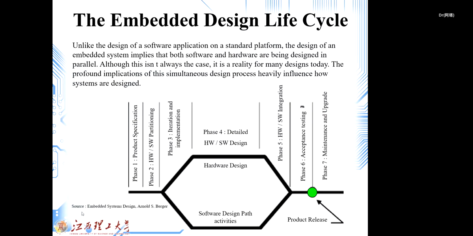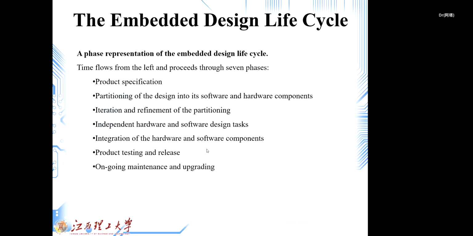Okay, I found this in the book by Arnold Berger about embedded system design, and this will give you good insight. Whenever you do any project, you can use this life cycle.